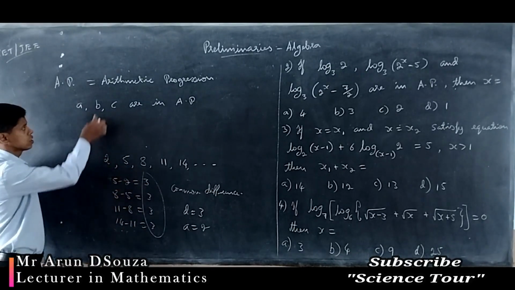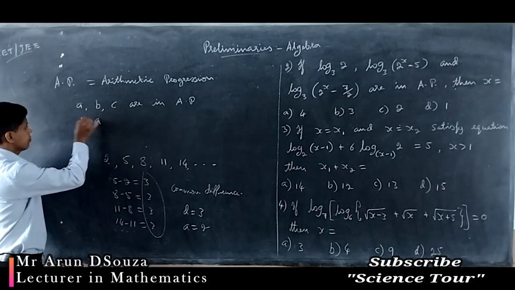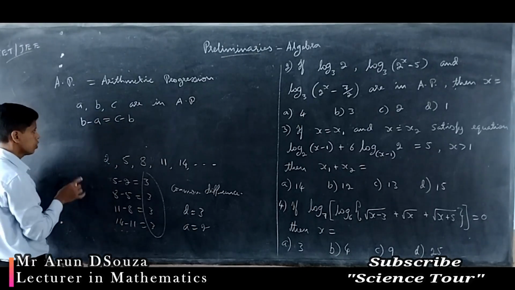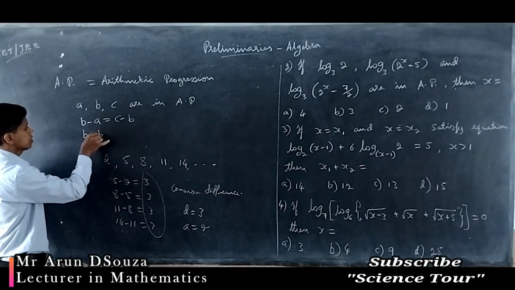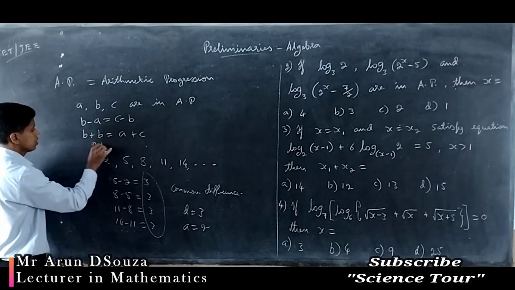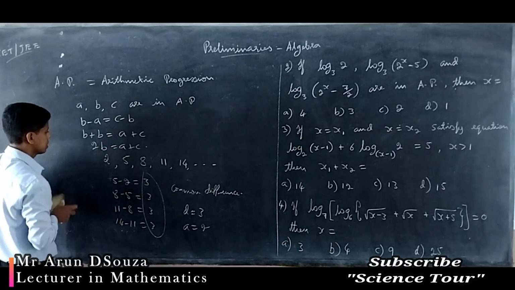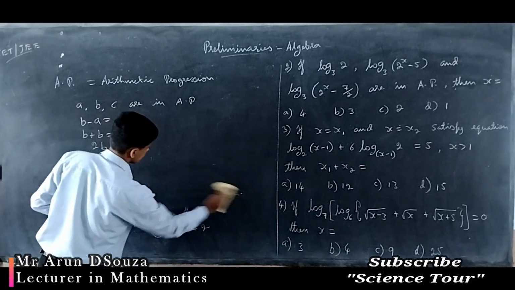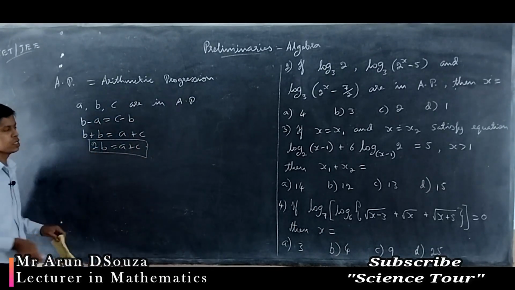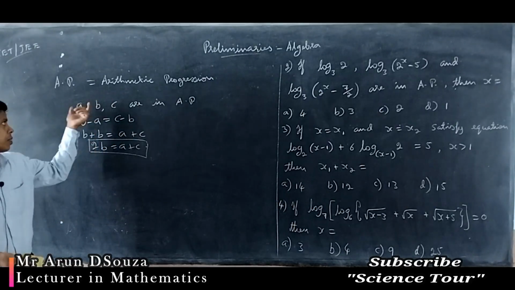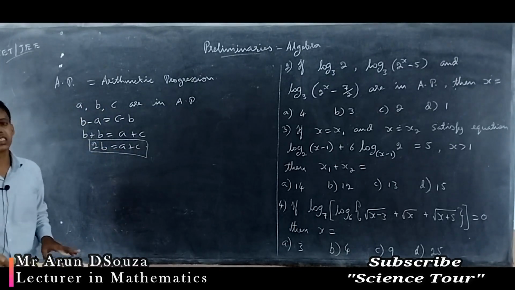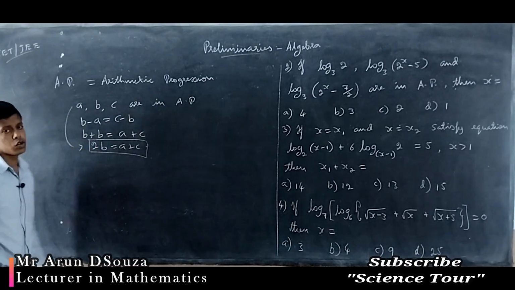Second term minus first, so B minus A should be equal to C minus B. Now this minus B becomes plus B here, and this minus A becomes plus A. So 2B is equal to A plus C, and that is what you call A, B, C are in AP. So if A, B, C are in AP, then 2B is equal to A plus C is the condition, and this is the condition you got to remember.